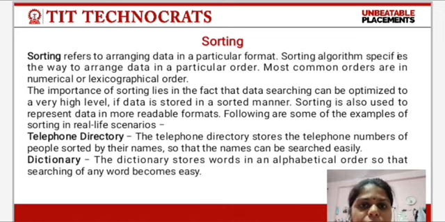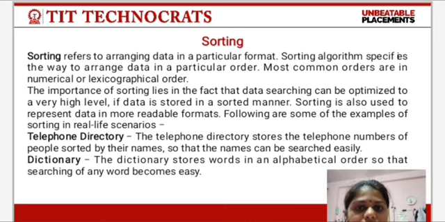Following are some examples of sorting in real life. Like a telephone directory. The telephone directory stores the telephone numbers of people sorted by their names so that the names can be searched easily. Okay.